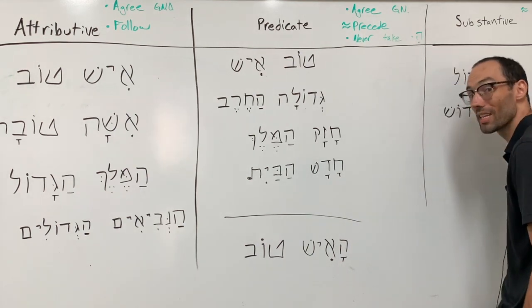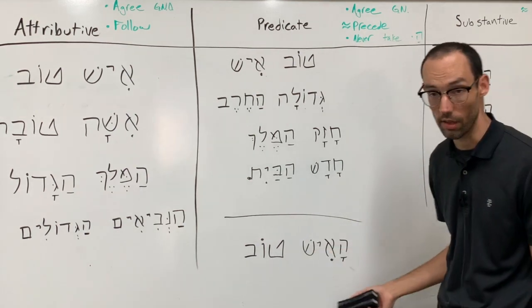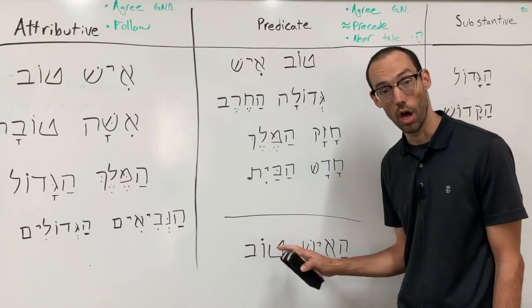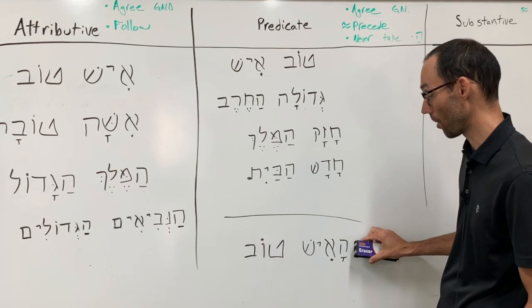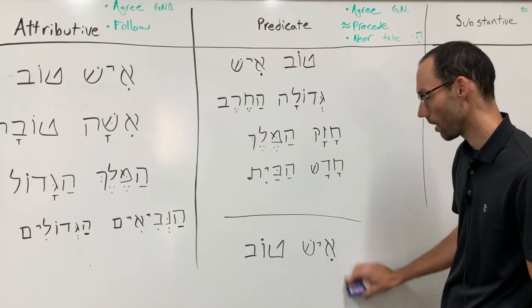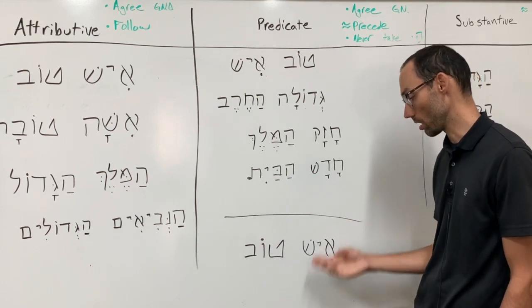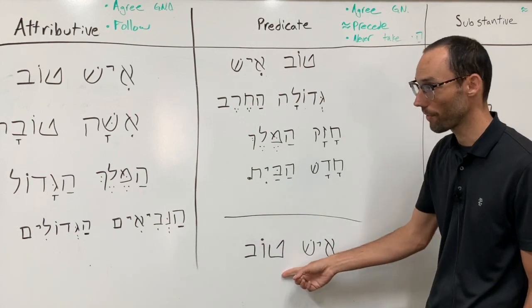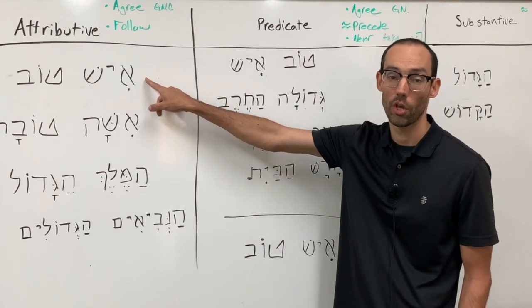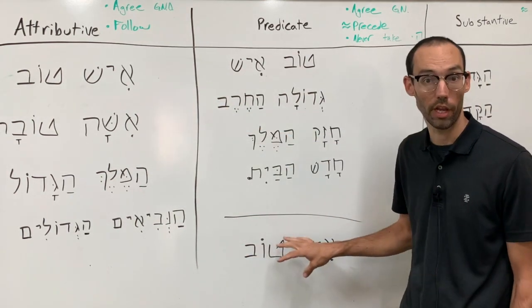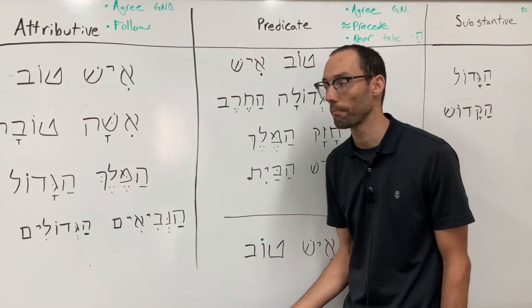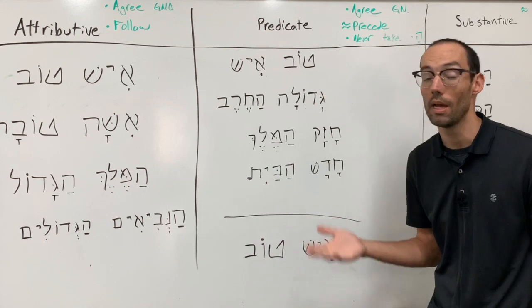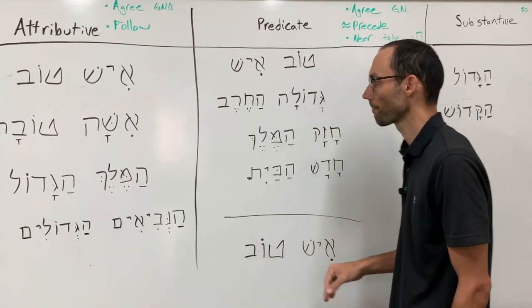Now, there are times when it's going to be this rare word ordering, and it's going to be an indefinite noun, in which case this is what you'll see in the Bible, ish tov, which looks exactly like this. So in these very rare occasions, only context will tell you which it means. That's unfortunate, but that's the way the language works.